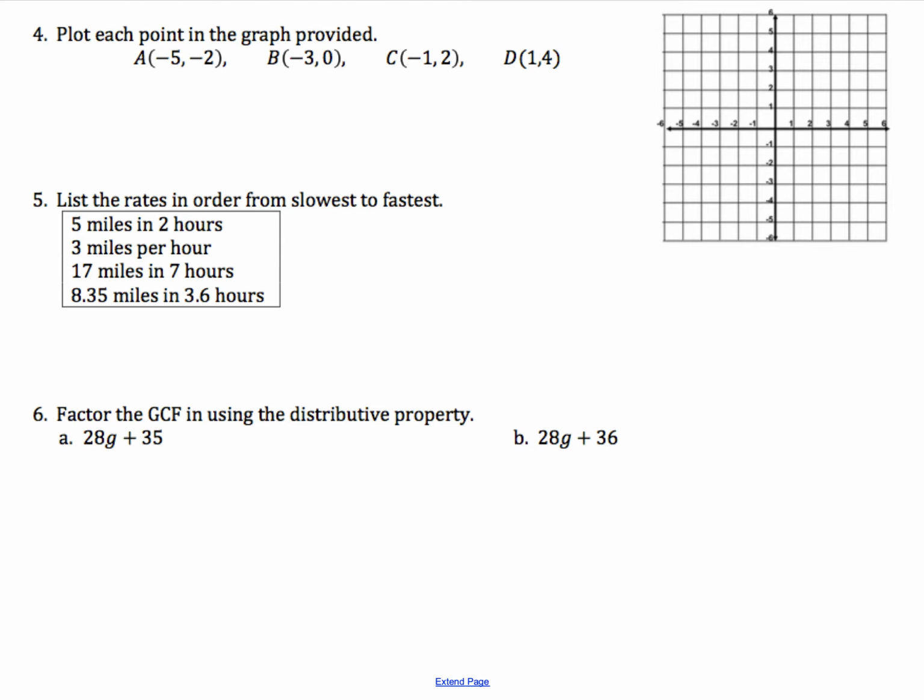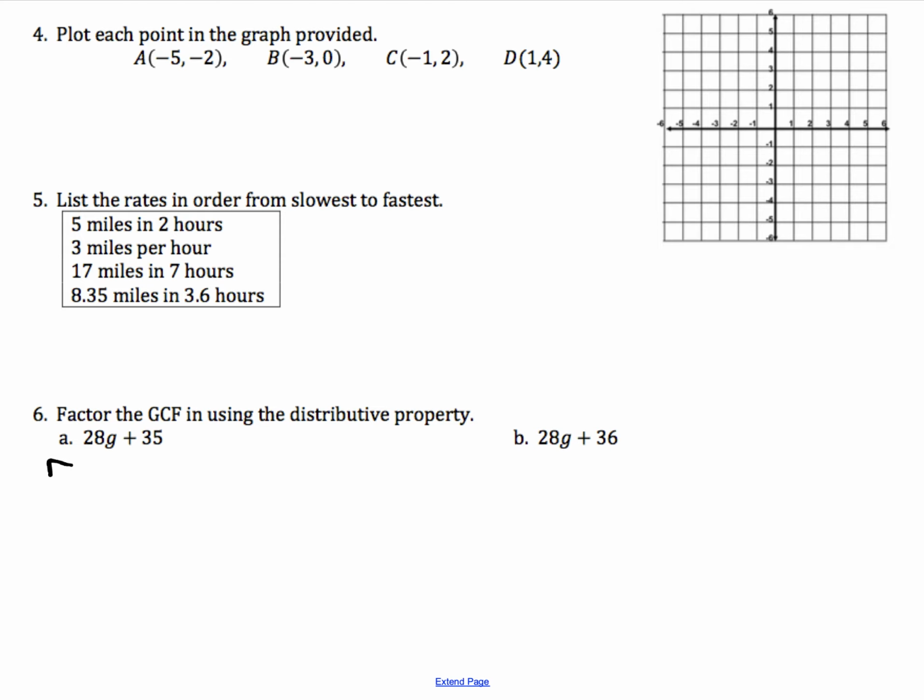Number 4 is a review of plotting points. Number 5, list the rates in order. You just find the slowest one and then list the next slowest on up to the fastest of those rates. Number 6 is doing the GCF factoring. Remember, on that you need to find the greatest common factor of the 2 numbers and pull it out.